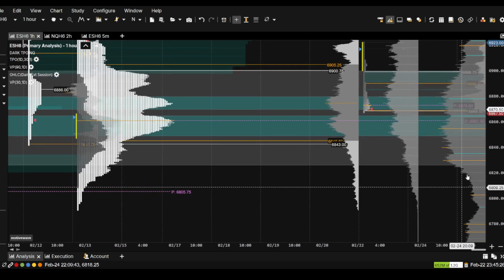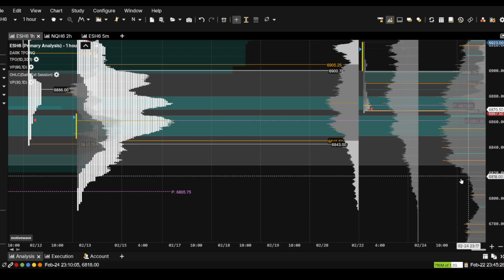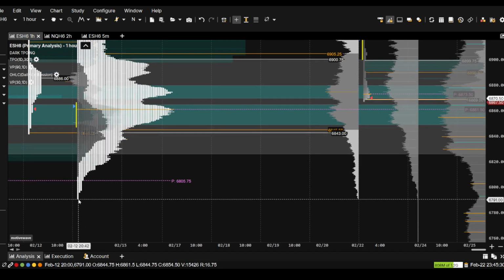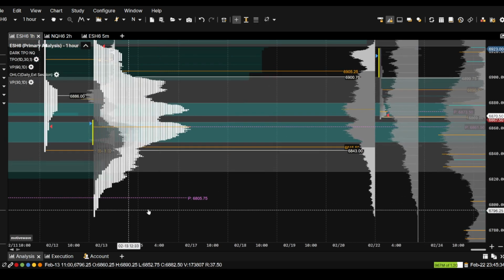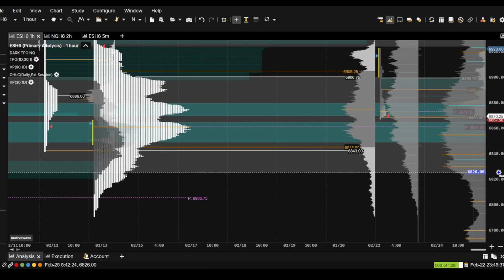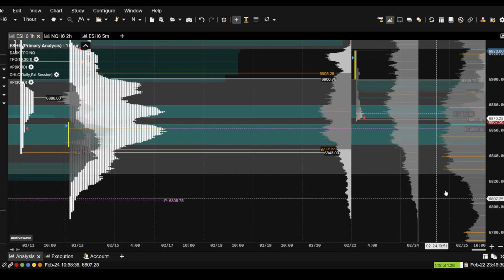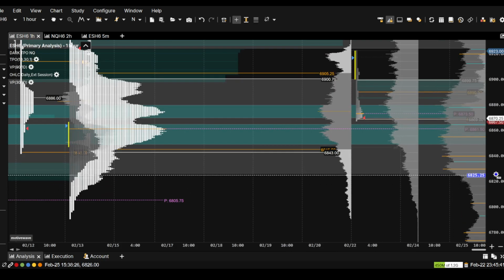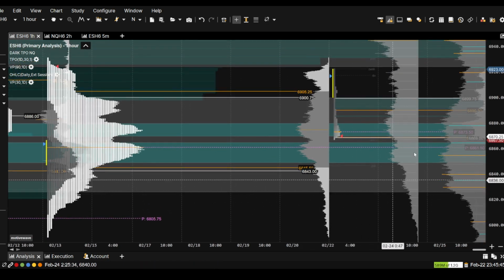If volume increases below here, we could see these fail. This is a very good low. But we could also see a rejection here, coming back to here.